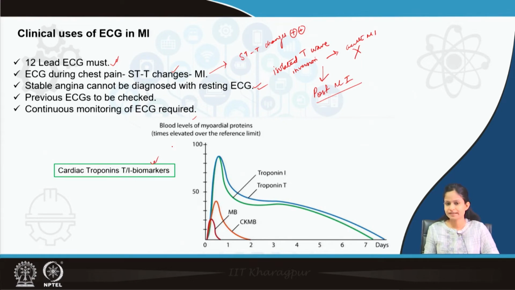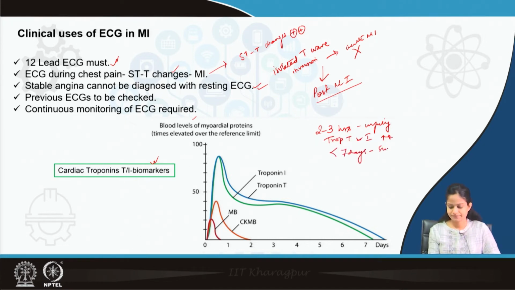They usually get raised within 2 to 3 hours of the injury, and within 7 days they will subside. That means the level will become normal.